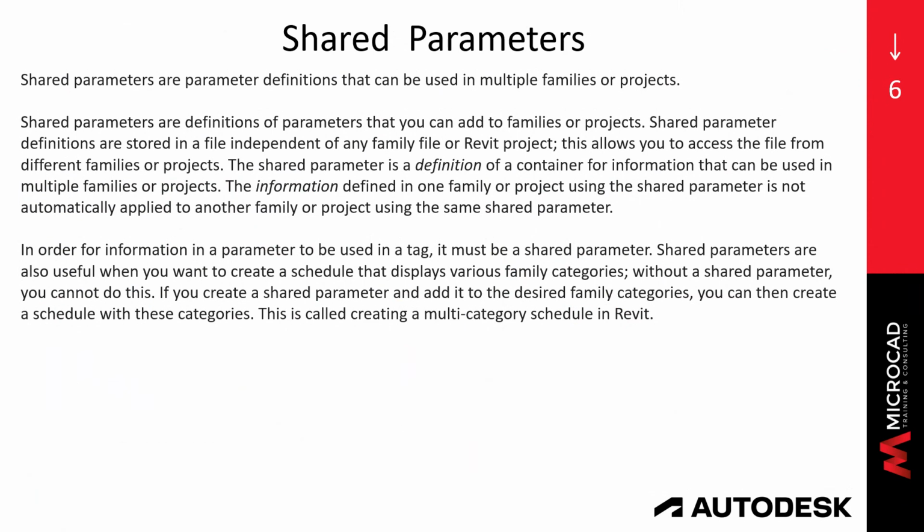So you have to create a counterpart of that parameter and then link it to a shared parameter so that you can schedule those parameters. And then shared parameters are also useful if you want to add a certain parameter to multiple categories, and then you can create a multi-category schedule in Revit and use those parameters.